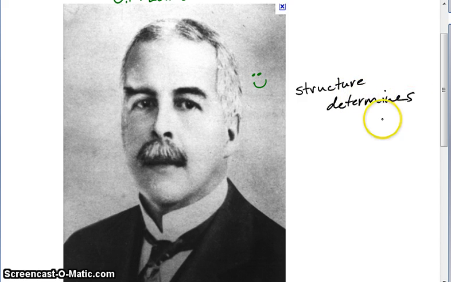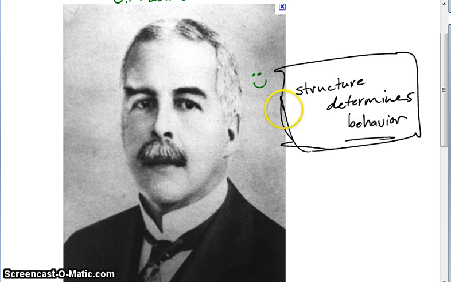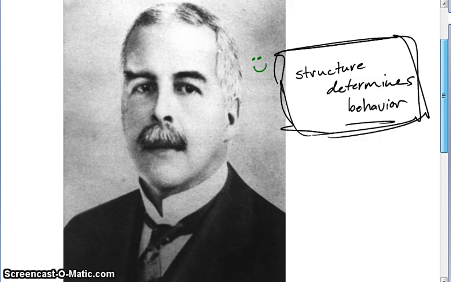I change it to structure determines behavior. And so Lewis structures that we're starting today will help us know the structure, the shape of a molecule, and that will help us predict its behavior, which is cool because in chemistry that's what we want to do. We want to predict what's going to happen before we do it, or we want to explain particular behaviors.